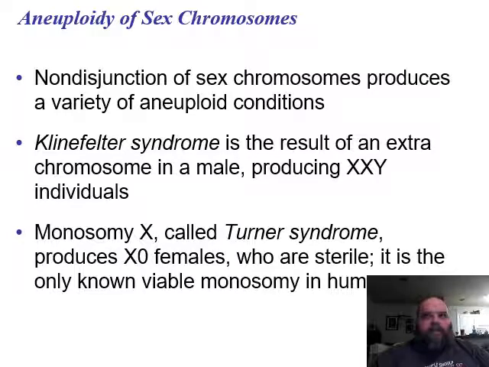Then you also get the sex chromosomes, non-disjunction events in the sex chromosomes. Yes, you do have the true people who are hermaphroditic. You do have people who are somewhere on a spectrum of development, not sexuality, development.